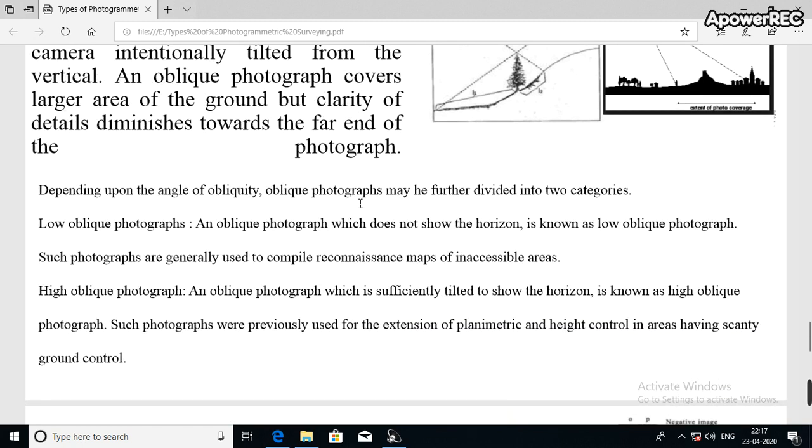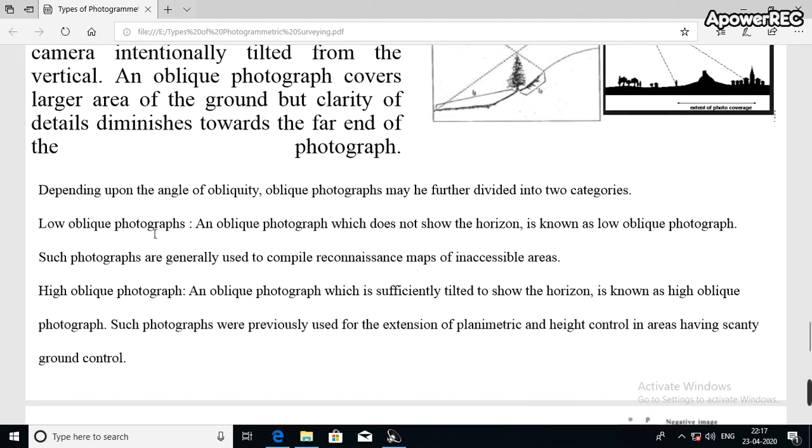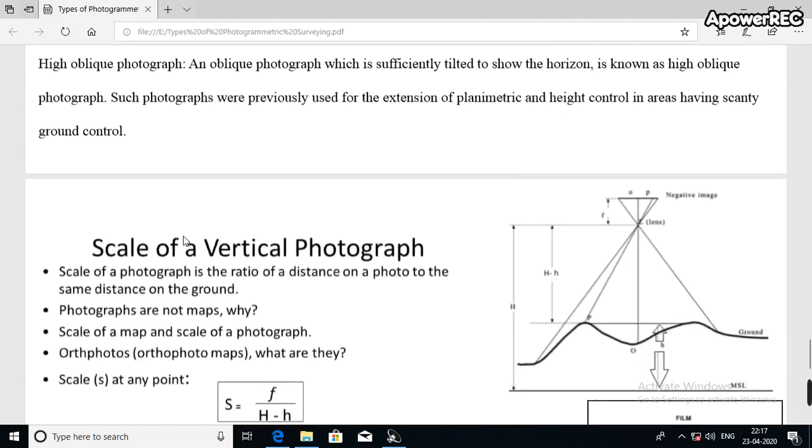Depending upon the angle of obliquity, it is of two types: low oblique photograph and high oblique photograph. If the angle is very high, it is known as high oblique, and if the angle is very small, it is called a low oblique photograph.